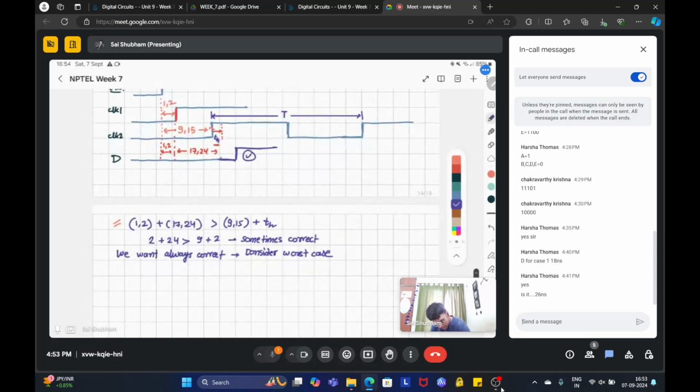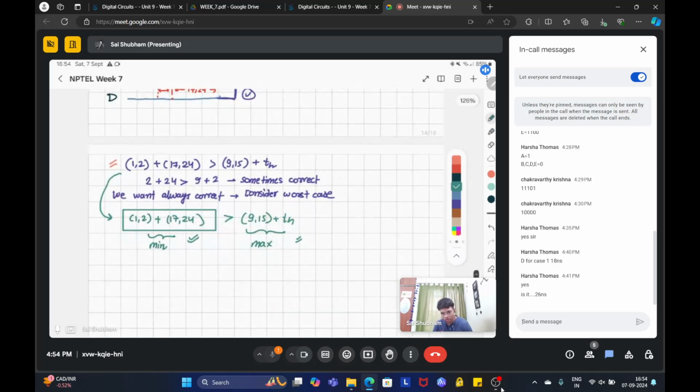If 1 comma 2 plus 17 comma 24 has to be greater than 9 comma 15 plus T hold, then this part has to be as minimum as possible and that part as maximum as possible. If we take the maximum of the left part, it will always be greater than the right hand side, RHS.